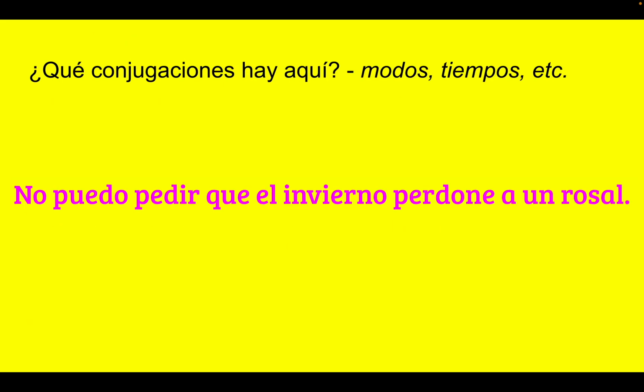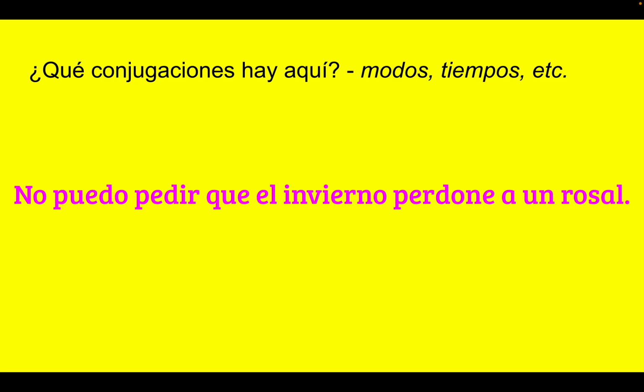¿Qué conjugaciones hay aquí? ¿Qué modos? ¿Qué tiempos? Let's see. No puedo pedir que el invierno perdone a un rosal. No puedo is your doubt, your denial. That is in the present indicative. Pedir is in the infinitive.